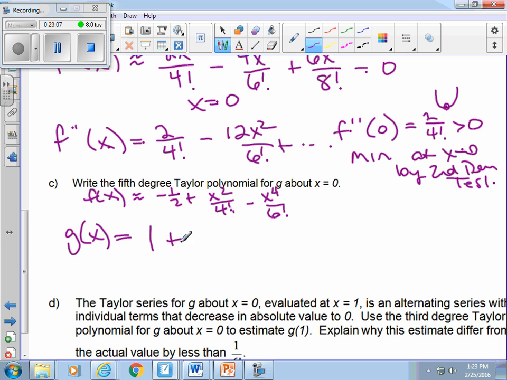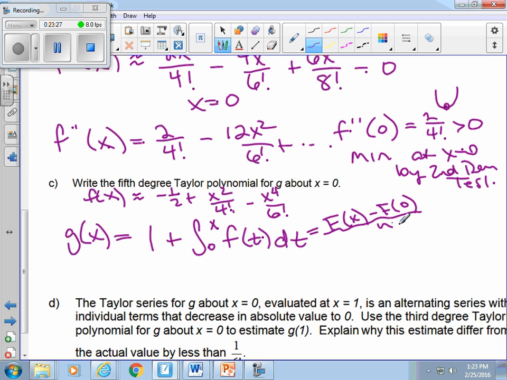So g of x is 1 plus the integral from 0 to x of f of t dt, which I know is the antiderivative at x minus the antiderivative at 0. Just note that you don't need to write that, but that's just a mental note. Agreed? Everyone agree that's how you do that?